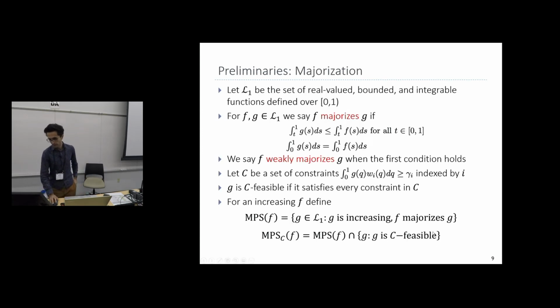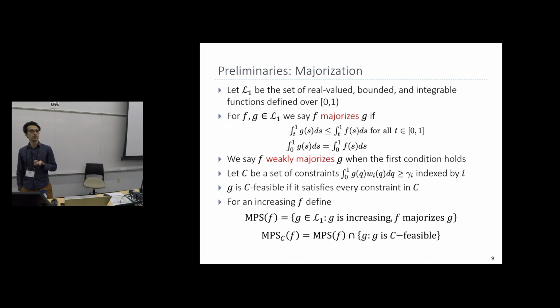So the objective in this slide is some preliminaries. And the objective here is defining these two notions. So think of it as the mean preserving spread set of F. But let's be formal and start from here. So suppose that script L1 is the set of real valued bounded and integrable functions defined over [0, 1]. I'm using the script because the regular L1 doesn't have the bounded property, but here I impose boundedness.